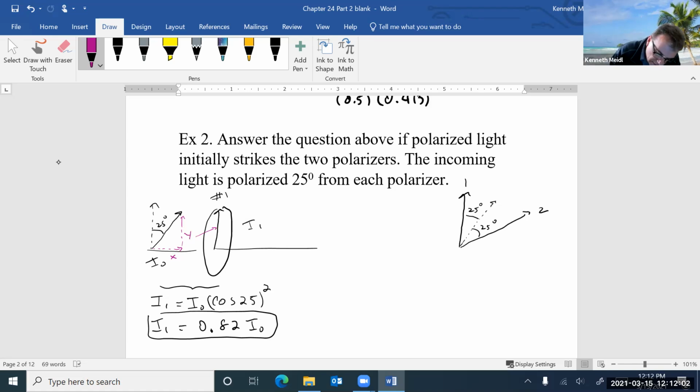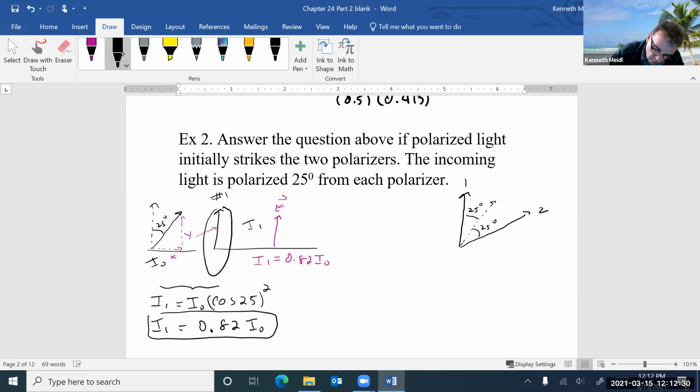So the light in here is all like this. Its orientation has changed from coming in skewed a little bit, hitting that polarizer, and now it's all like this, but it's a lesser amount, because some of the components have been removed. This is the electric field here. But what we have in this region of space is about 82% of what we started with.